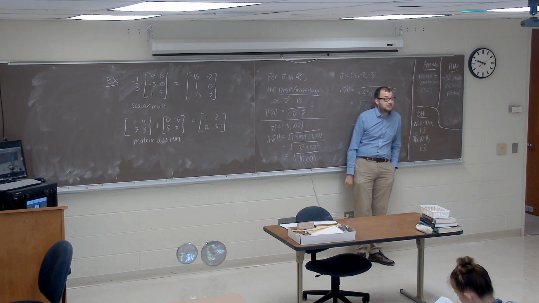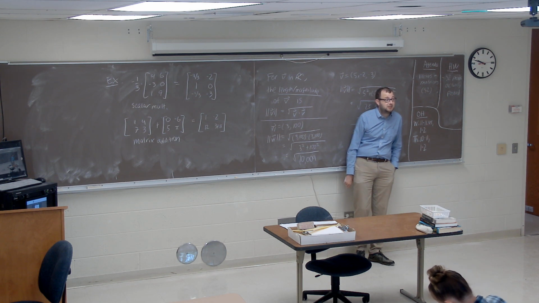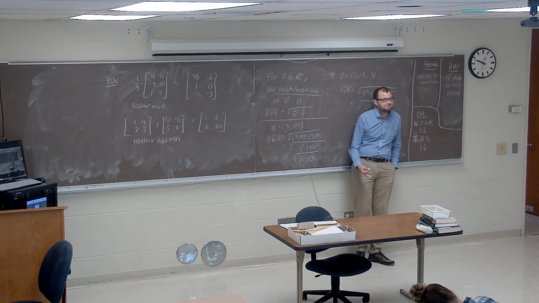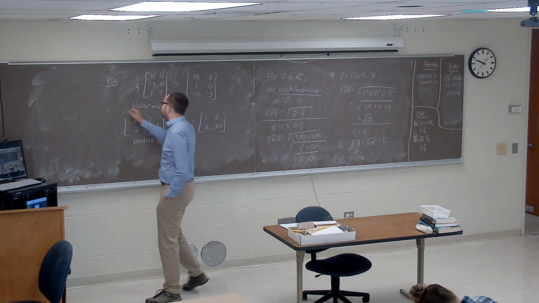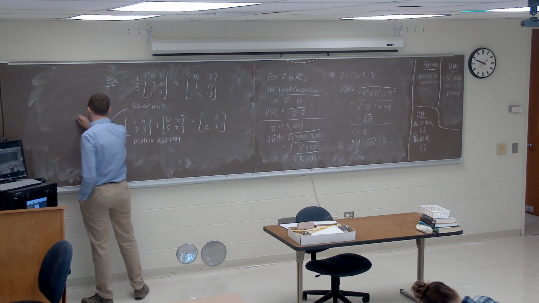What do you think it means to do a combination of these two operations to a collection of matrices? What did it mean to do the combination of these operations to a collection of vectors? Linear combination, yeah. So any combination of these two things we call a linear combination.